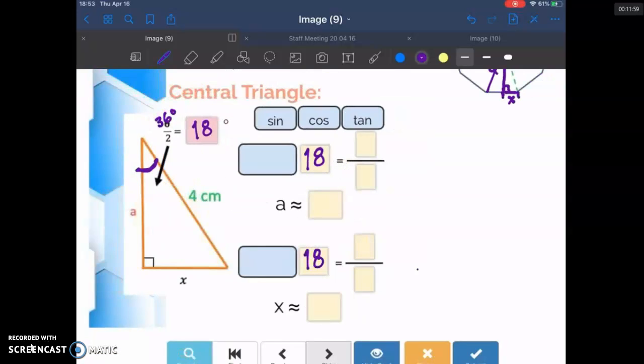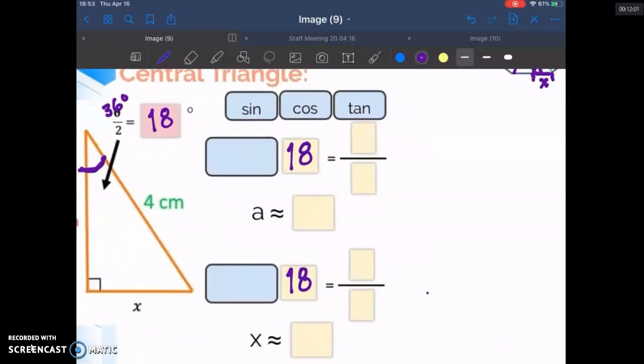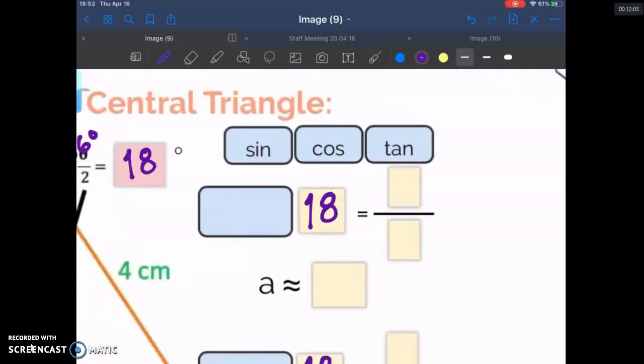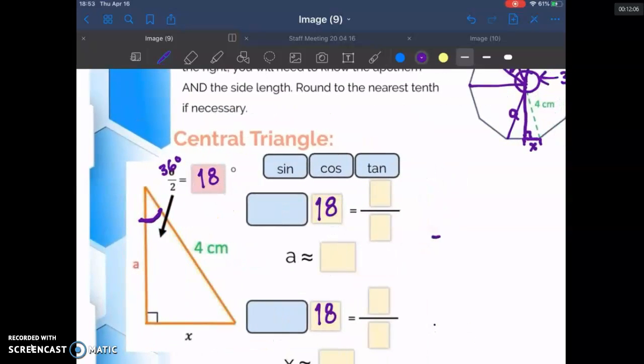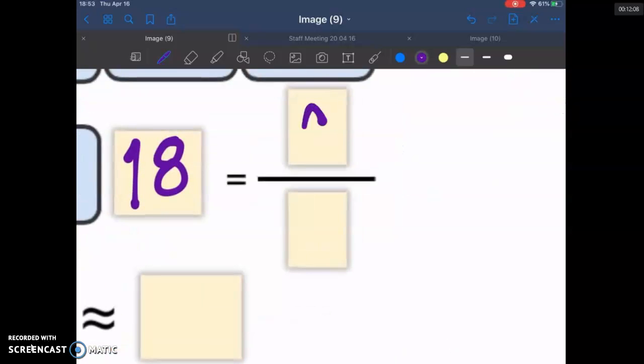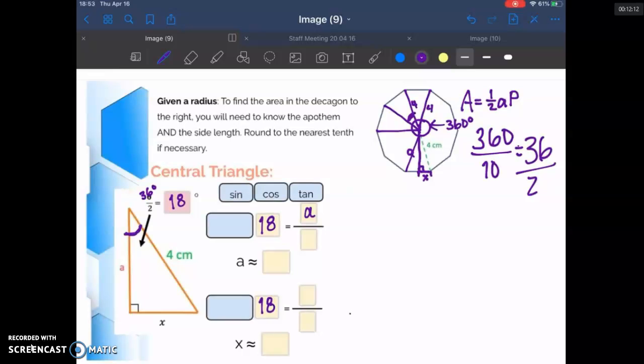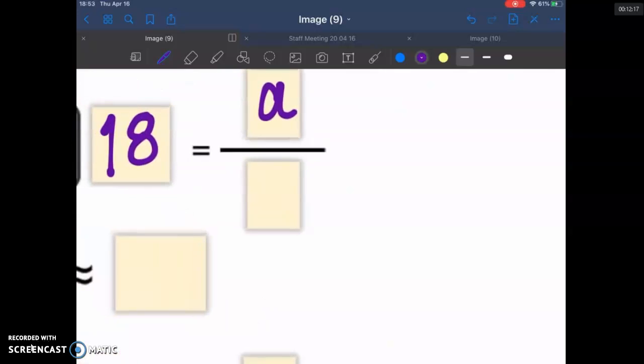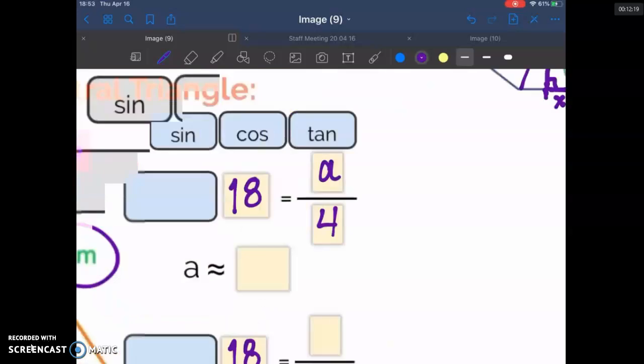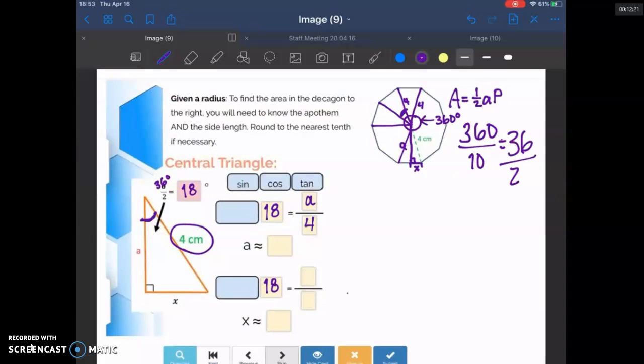To find the apothem, we don't know what it is yet. The other side length that we know is here, which is the hypotenuse. So this is the side adjacent to this angle, and this is the hypotenuse.